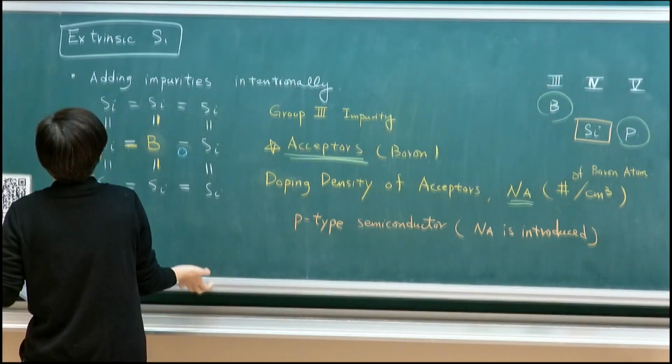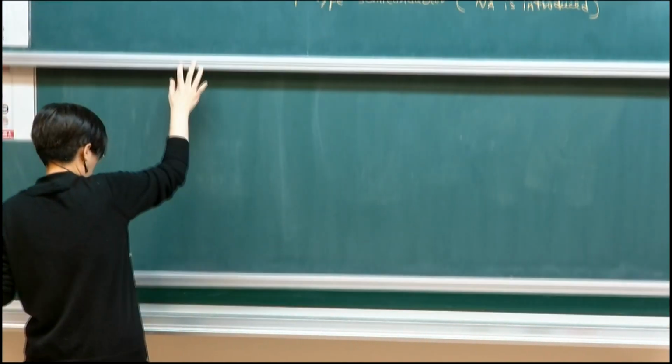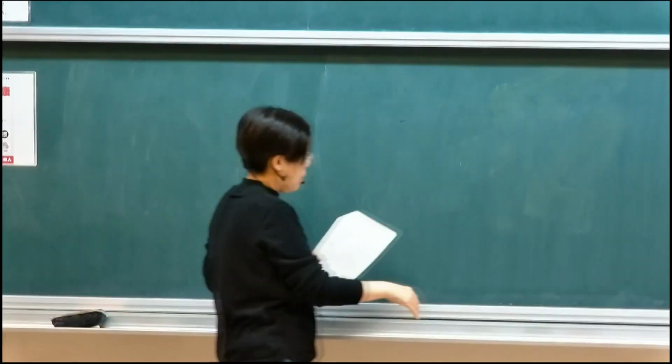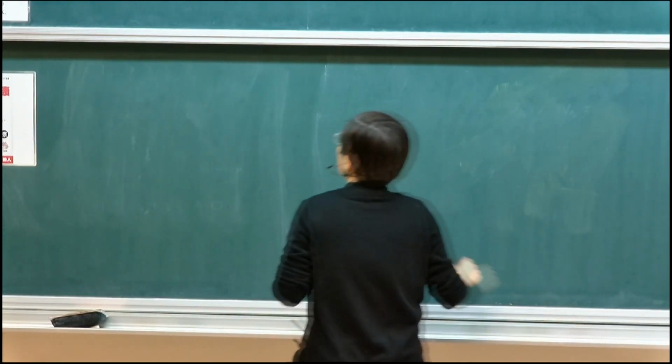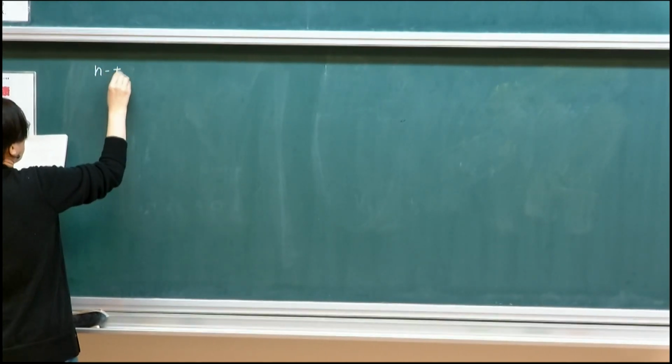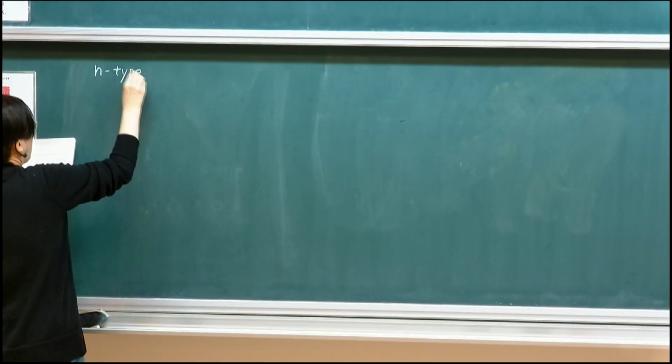So we're also going to do the counter type, which is the n-type. So let's think about how you do n-type, deliberately introducing more electrons.